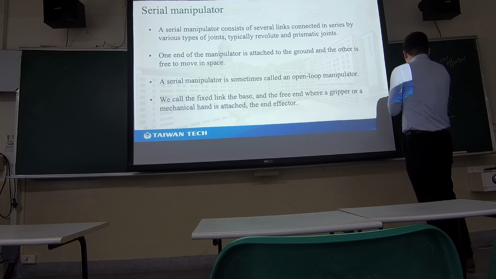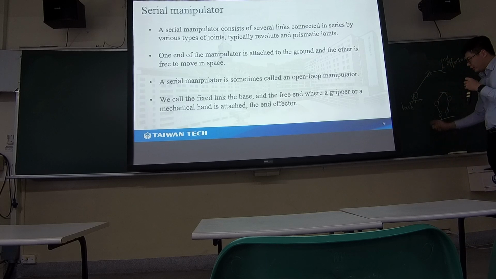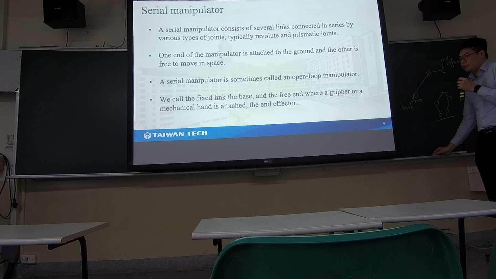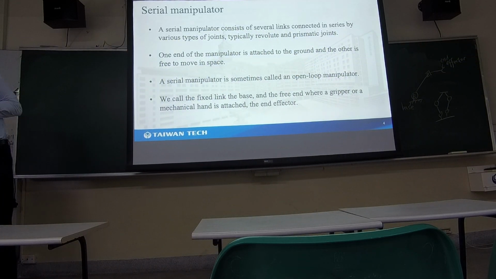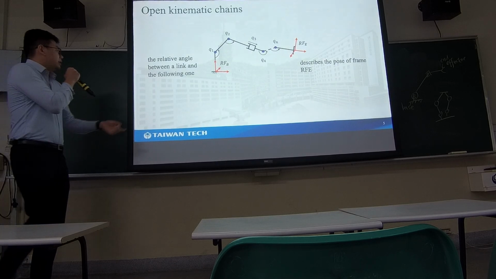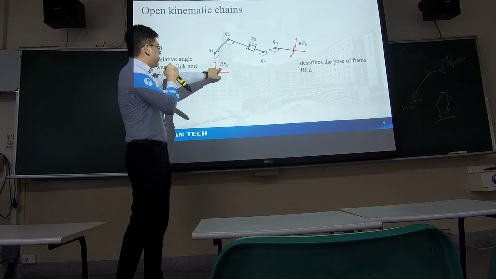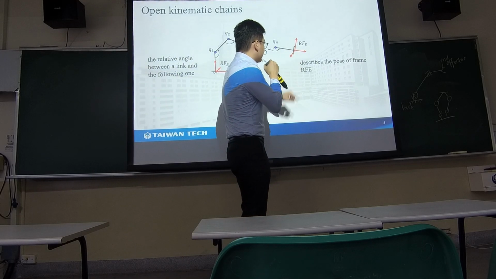So normally we'll put the base here, and here will be the end effector. And this is the robot. We want to model it. As you can see, here will be a reference frame for the base, and here will be a reference frame for the end effector.